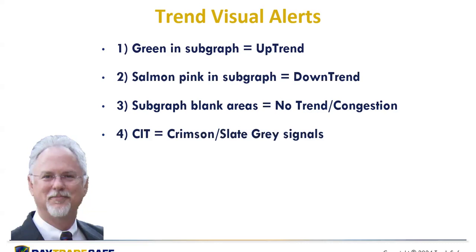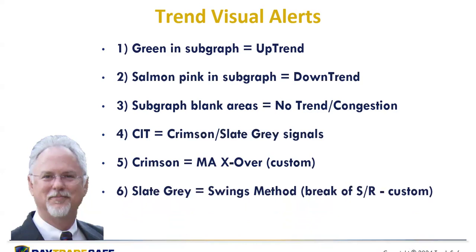Real easy. Now, the moving average crossover, as I said, it's a customized version. The slate gray, it's a break of support or resistance. Again, I've made it very rules-based, and everything is automated. You don't have to worry about, oh, do I need to mark something or click or do this or that?